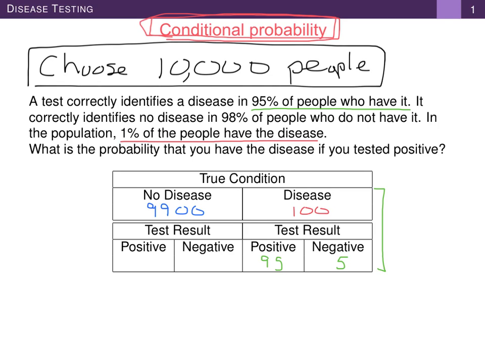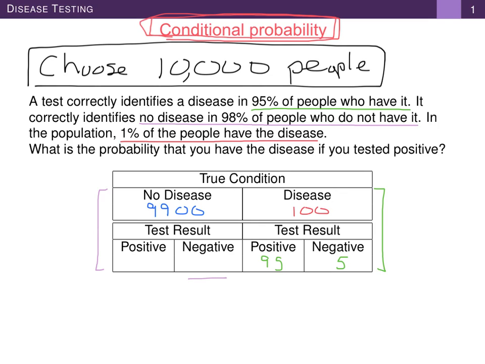Then we say, well, it correctly identifies no disease in 98% of people who do not have it. So we're over here in the do nots, and it detects 98% of the people who do not have it and says that they have no disease.